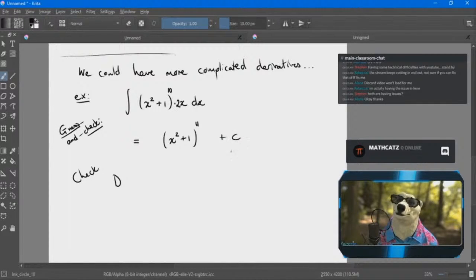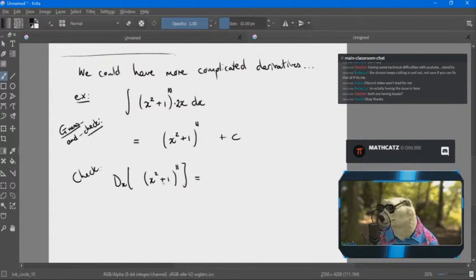Of course, the constant is irrelevant for my checking. Now I need to check. I made my guess, so it's check time. So let's see how close I am getting with this guess. Well, in doing this check in the derivative taking process, it's a chain rule because this is a function of a function.